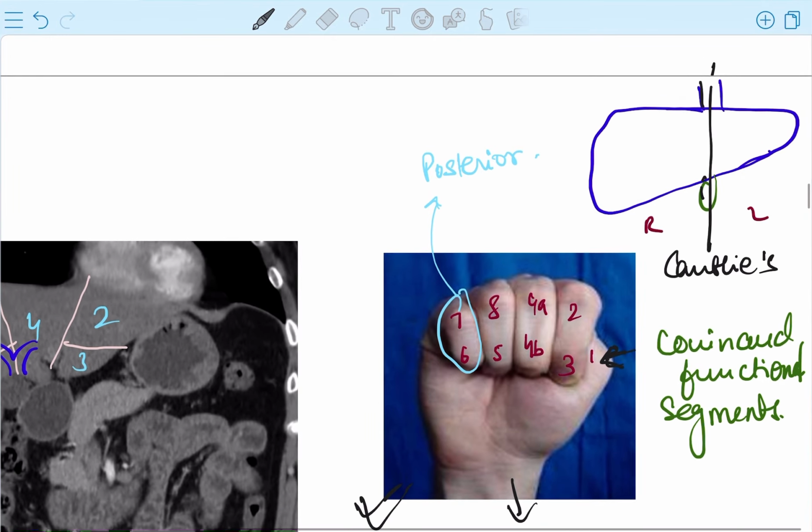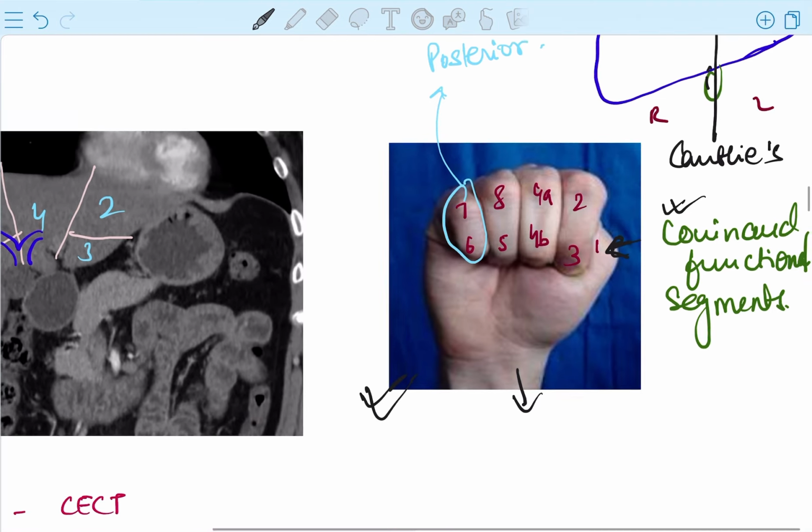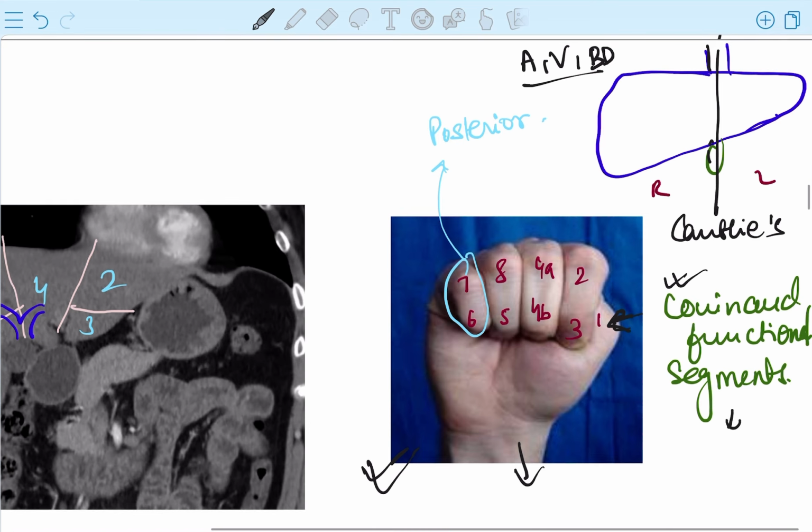And under the left lobe, we have lots of segments. These segments are called the Couinaud functional segments, which have individual artery, vein, as well as the bile duct, the biliary branch.